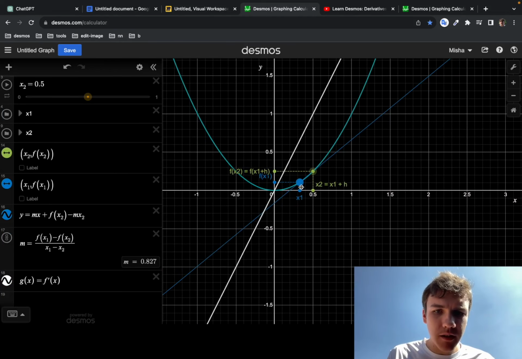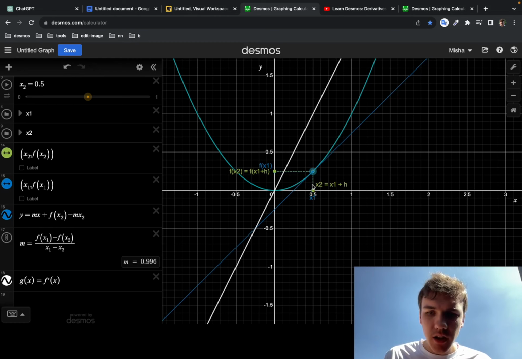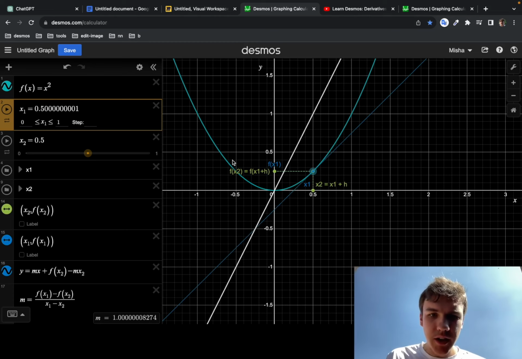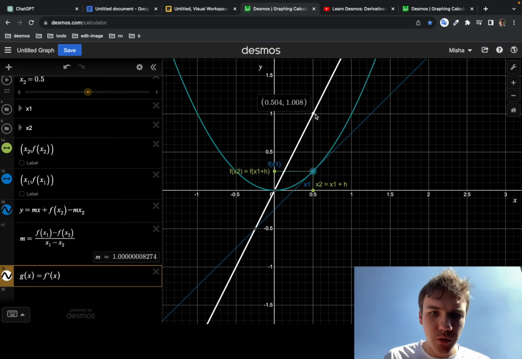I want to make it infinitely close to 0.5. Okay, now I'm infinitely close, and it says our derivative is 1.0. If we look at this, the derivative for 0.5 is 1, which is our derivative.